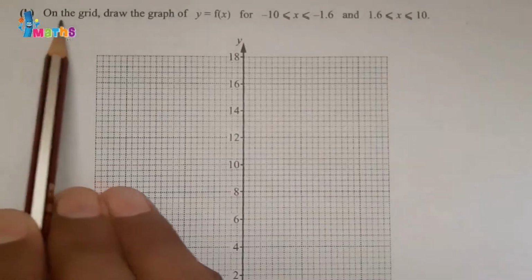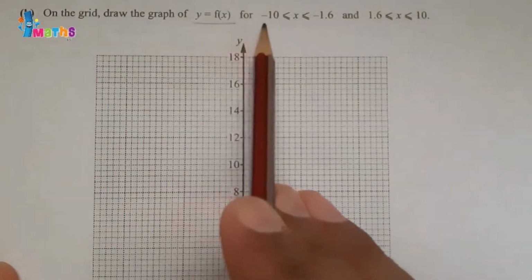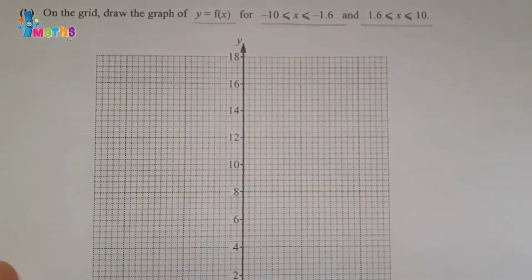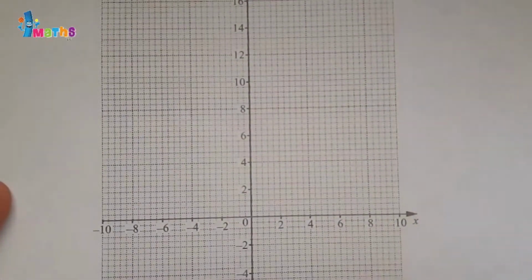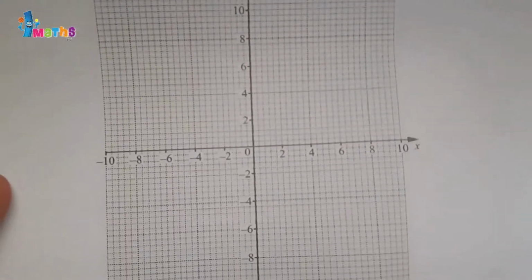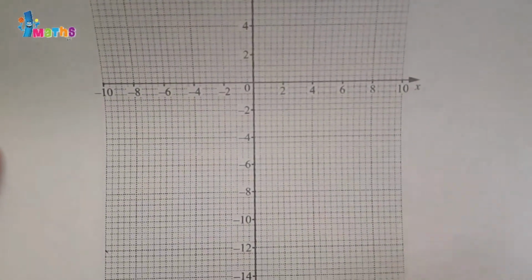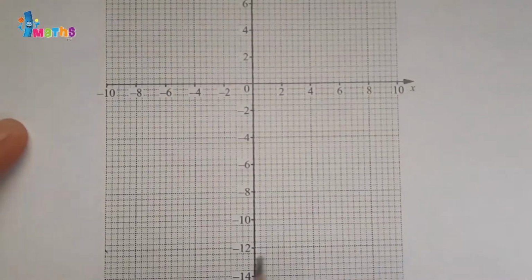B part. On the grid, draw the graph of y is equal to f of x for these two ranges. They have provided the graph and we will trace the points provided in the graph. So we will be going to the first point, which is minus 10 and minus 12.